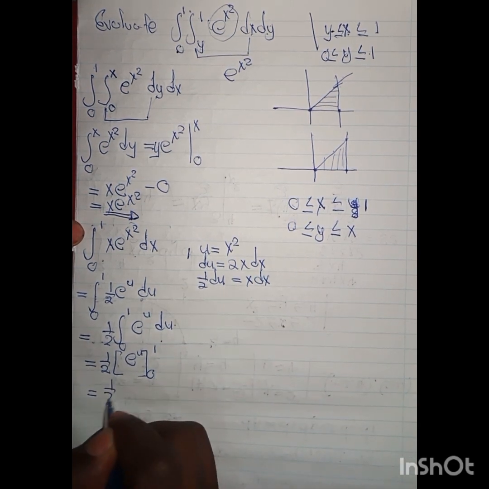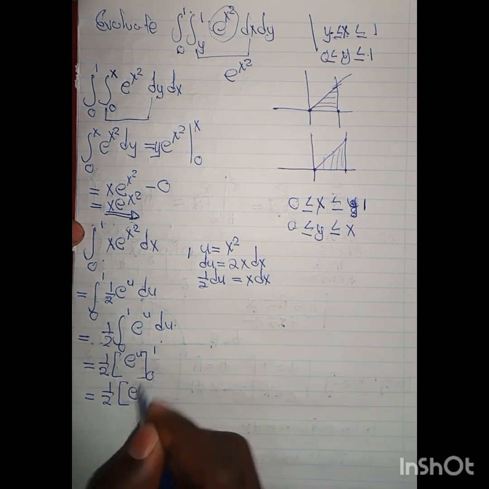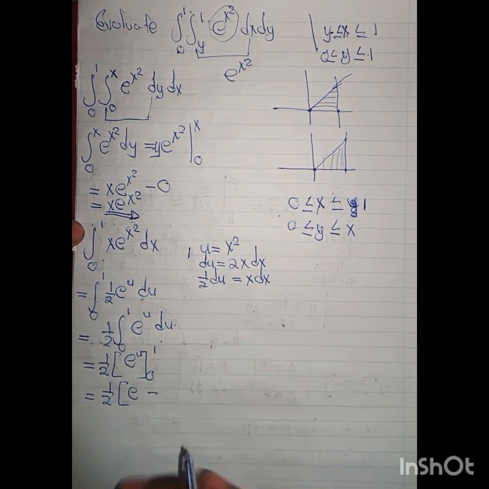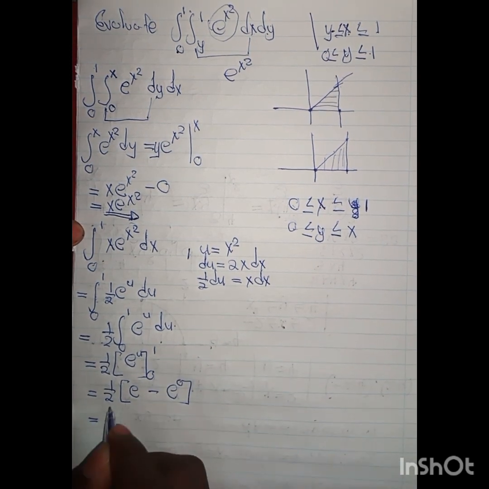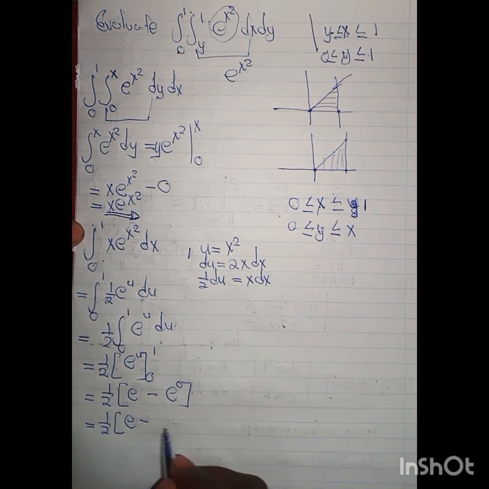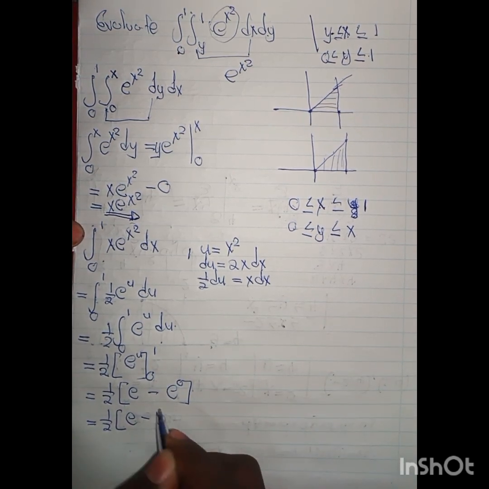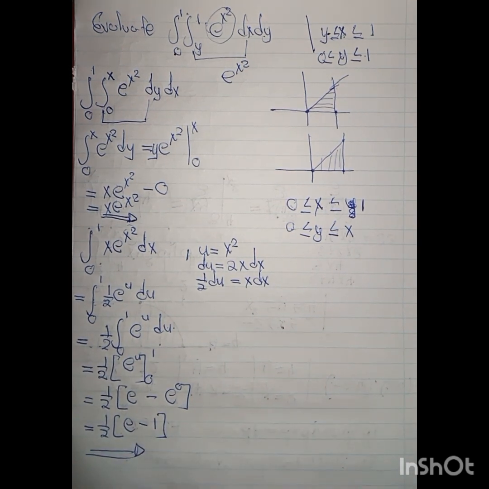So it follows that we'll have half of e to the 1, which is just e, minus e to the 0. We know that e to the 0 is nothing but 1. So this is the answer that we get when we solve this particular problem.